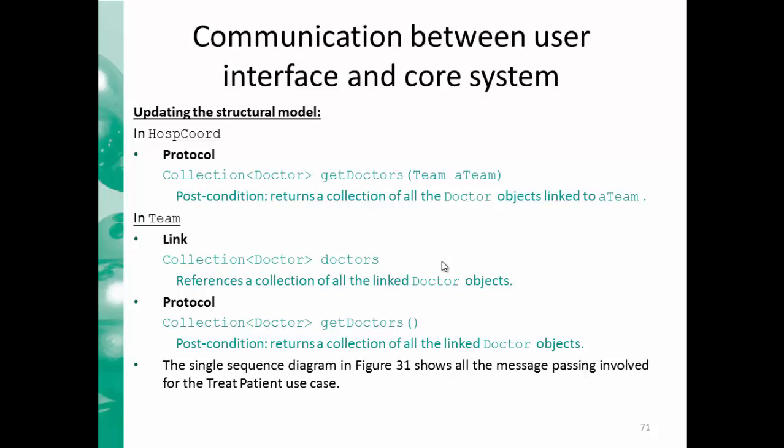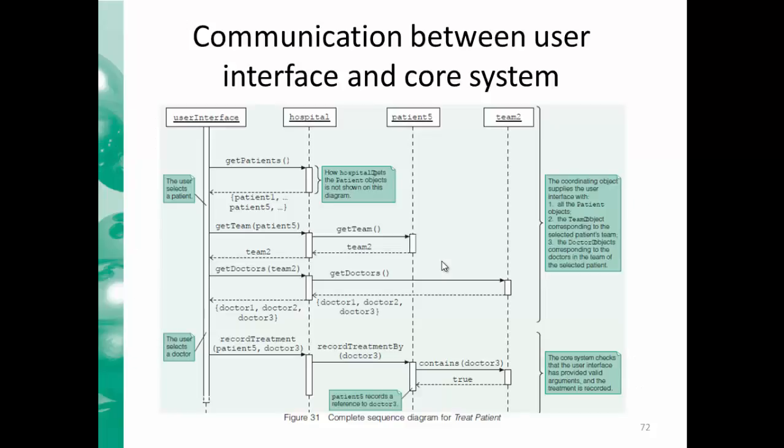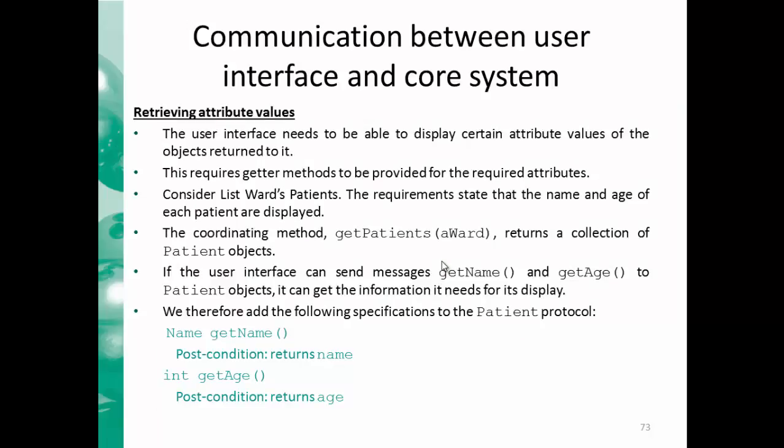After we finish these designs, we need to update the structure model by adding more protocols and more links to our classes in the model. As you can see, this is a complete sequence diagram for the treat patient use case.